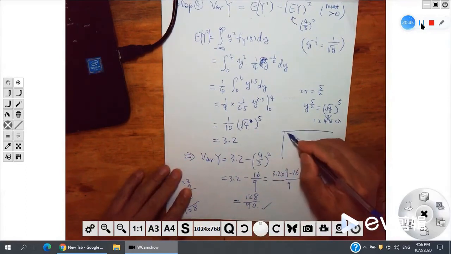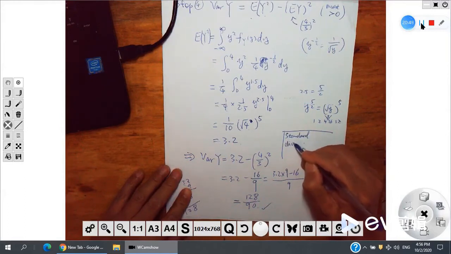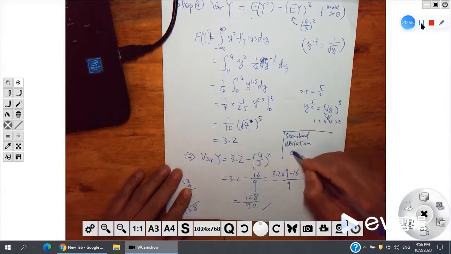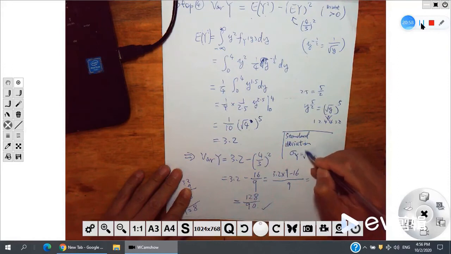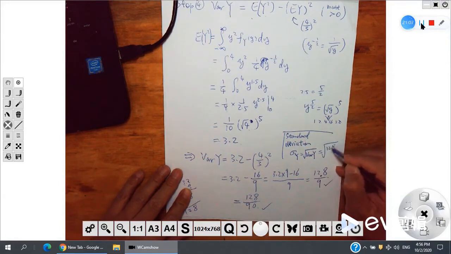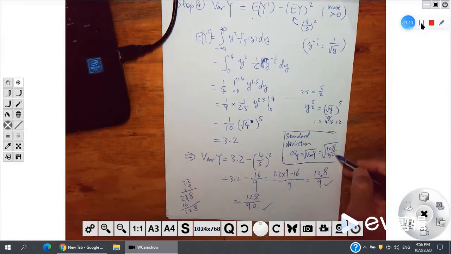So standard deviation, sigma y, will be the square root of the variance of y. I just put it here. Yeah, you need a calculator, of course. Or use MATLAB or any program on a computer, you can get the value.